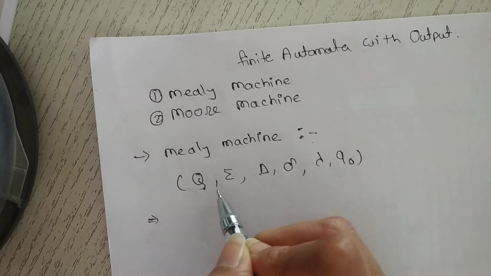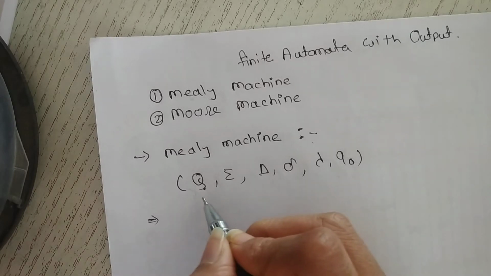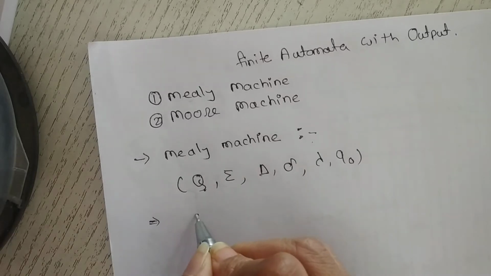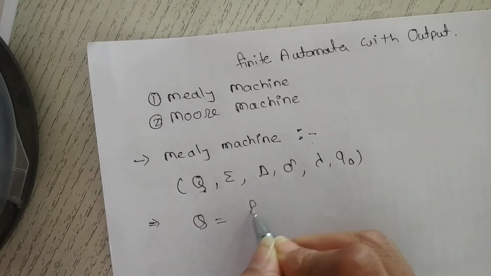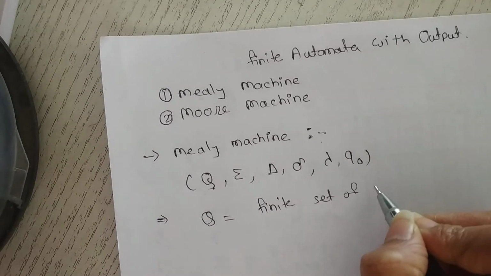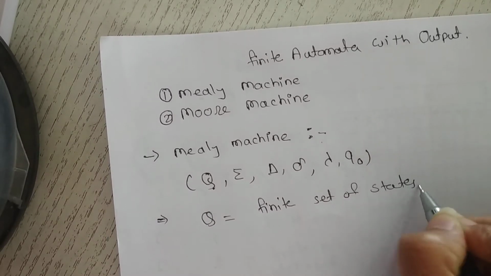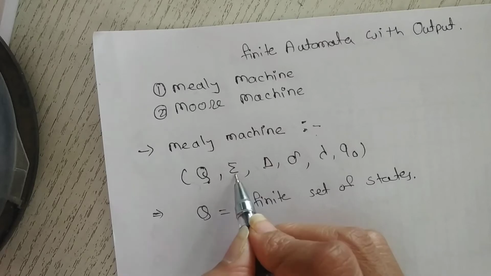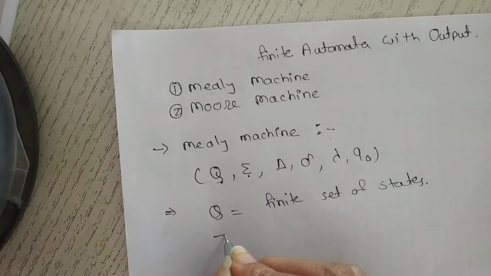This is the same as our DFA, where Q is the set of states.